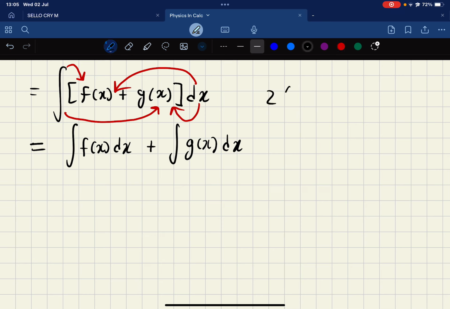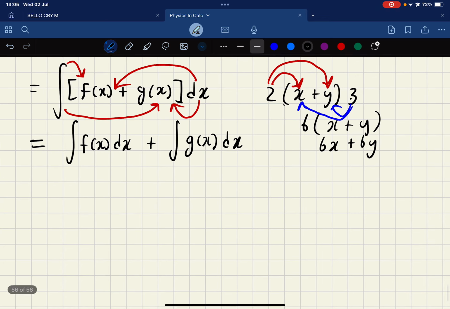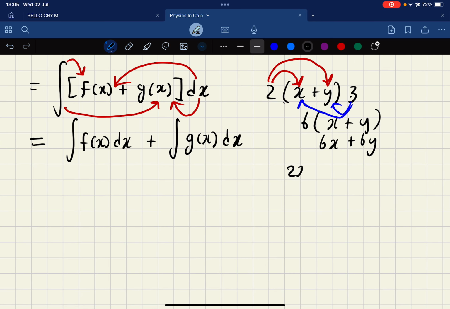Because this thing is like this. Let's say we have 2 into x plus y, multiplied by 3. Understand? What you can do is multiply this 2 by the 3. You can have 6, then you have x plus y. Then when you multiply them together, you get 6x plus 6y. Or you can multiply them step by step, meaning you have 2x multiplied by 3 plus 2y multiplied by 3.